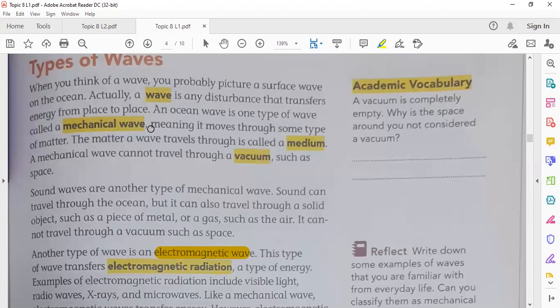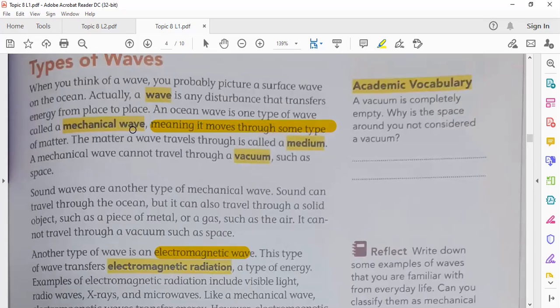A mechanical wave moves through some type of matter. It needs a medium to travel. Mechanical waves need a medium to travel through. But the electromagnetic wave does not need a medium. It can travel in space.